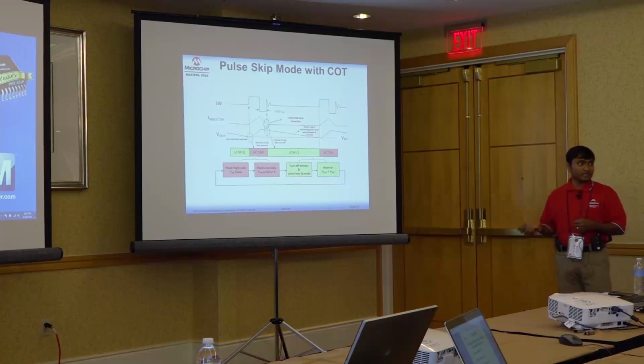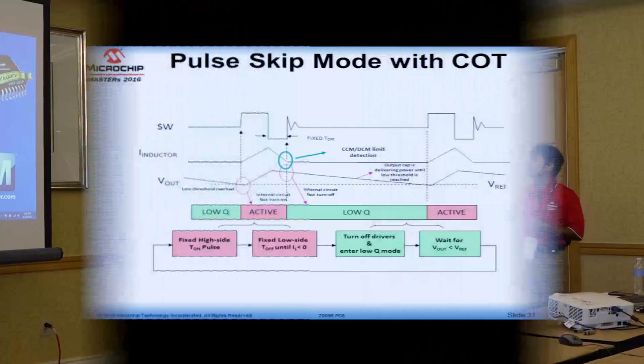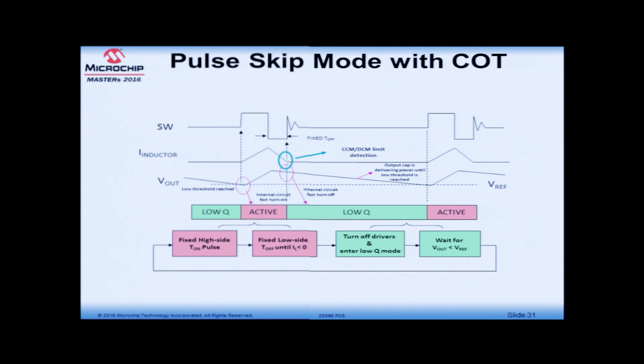So, another inherent advantage of constant on time architecture is the light load pulse skip or the light load efficiency. Because in the voltage mode control and the current mode control there is an amplifier in series with the path.